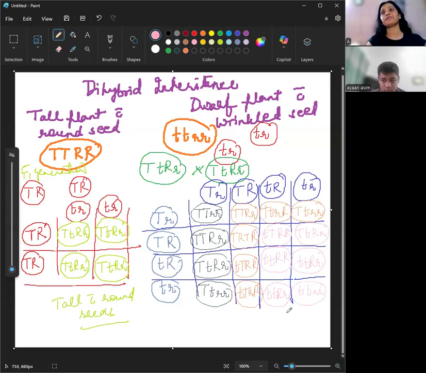So this is the probability of what kind of organisms will be formed.